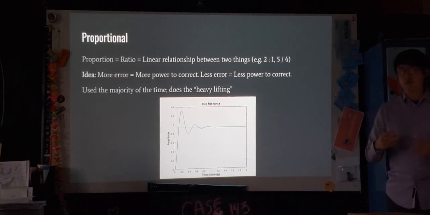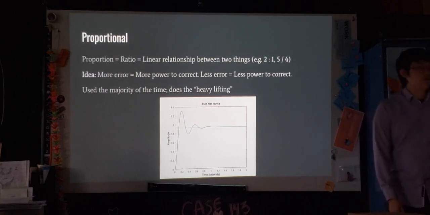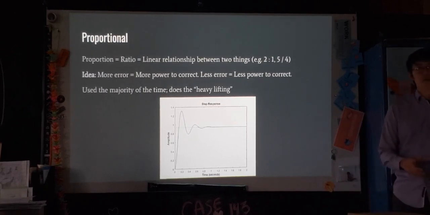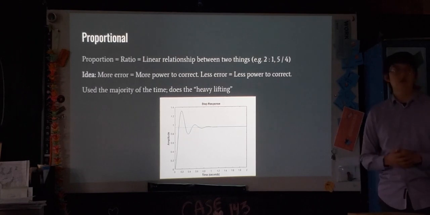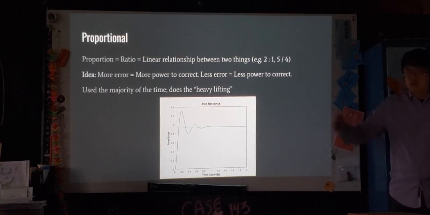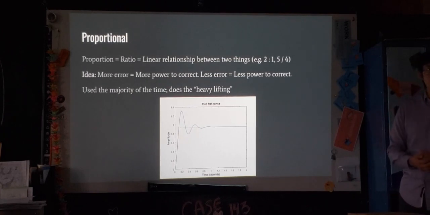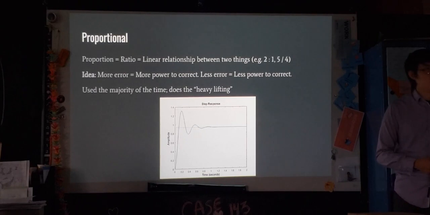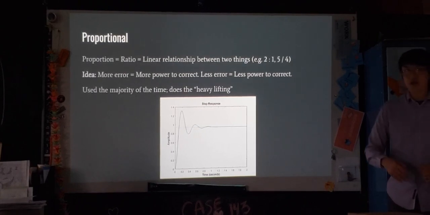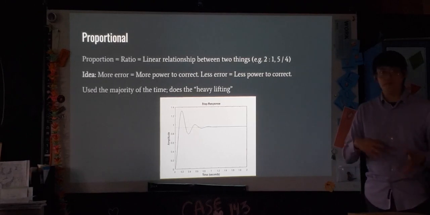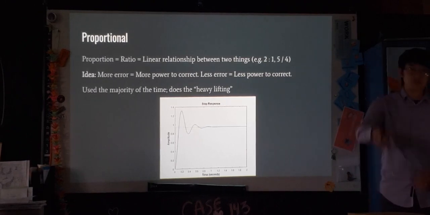Basically what proportion is saying is if you have more error, then you need more power to correct for this egregious error. If you have less error, as in you're close to your set point, then you should supply less power to correct it. Okay, so say my set point is to be where Carson is.